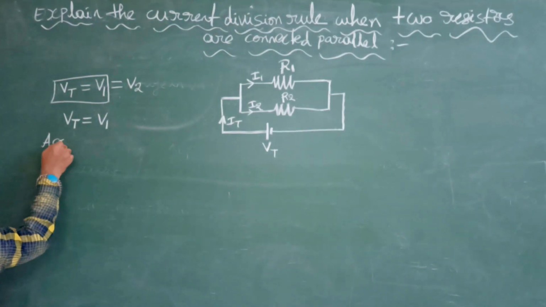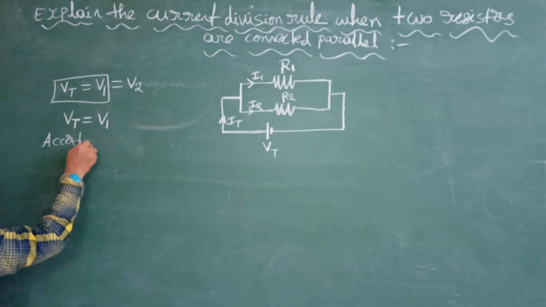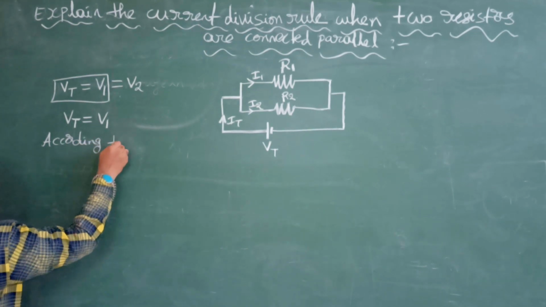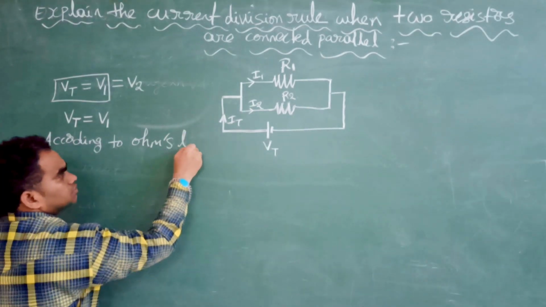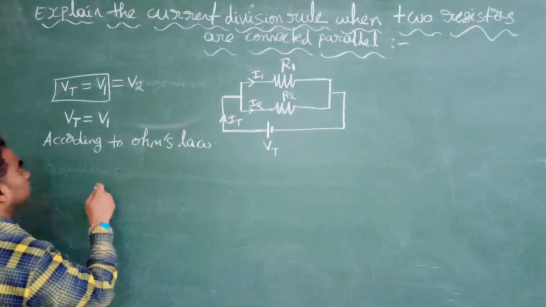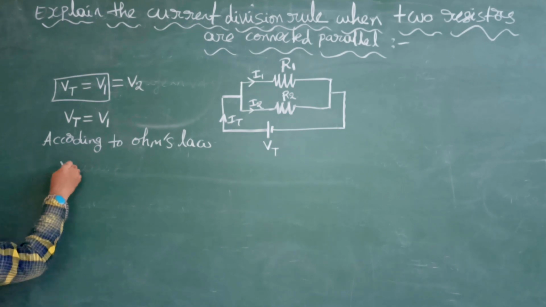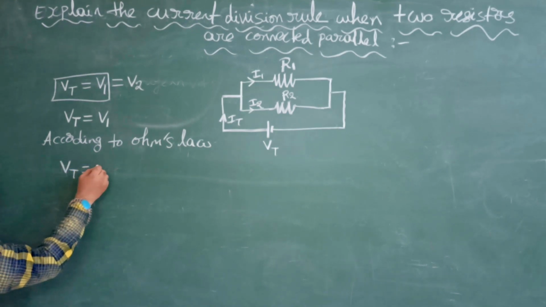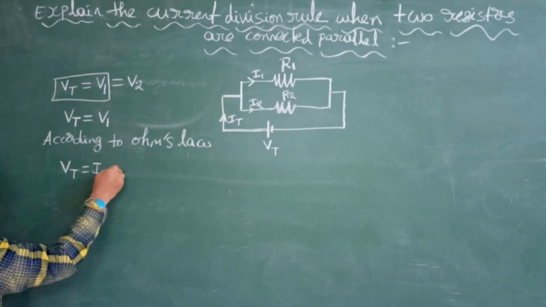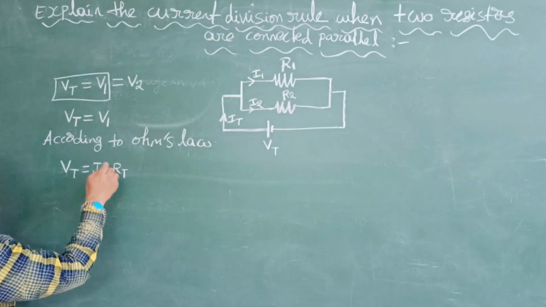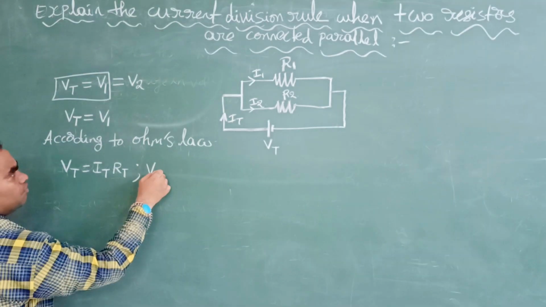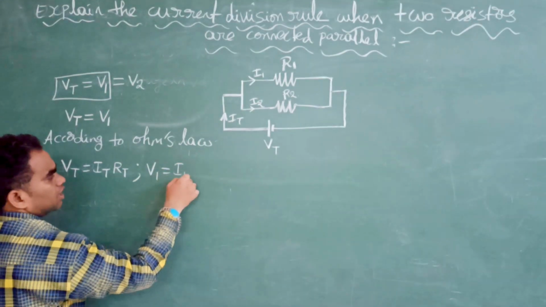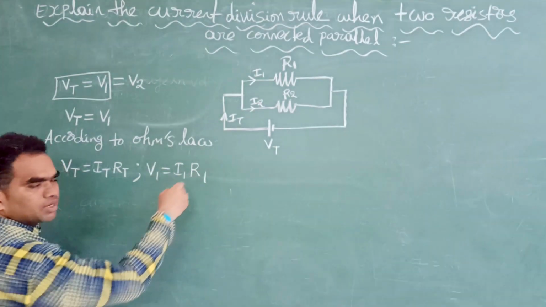According to Ohm's law, VT is equal to IT RT, and V1 is equal to I1 R1.